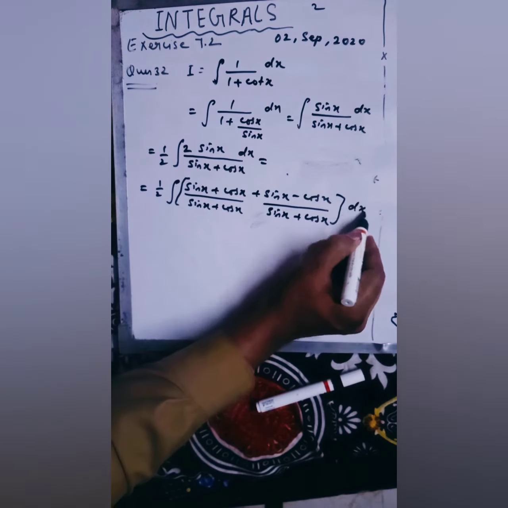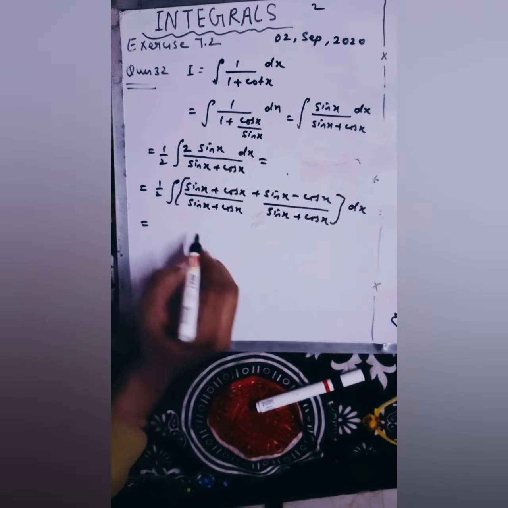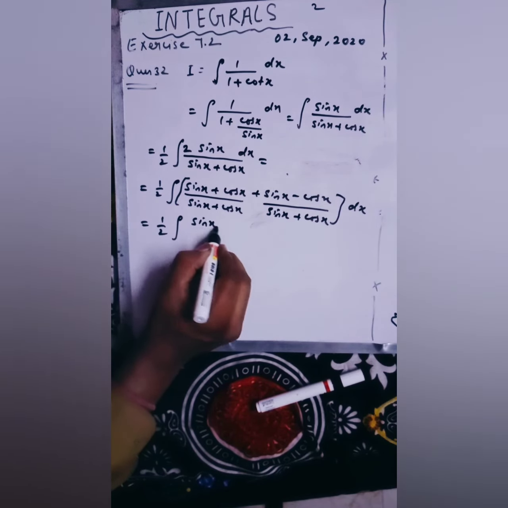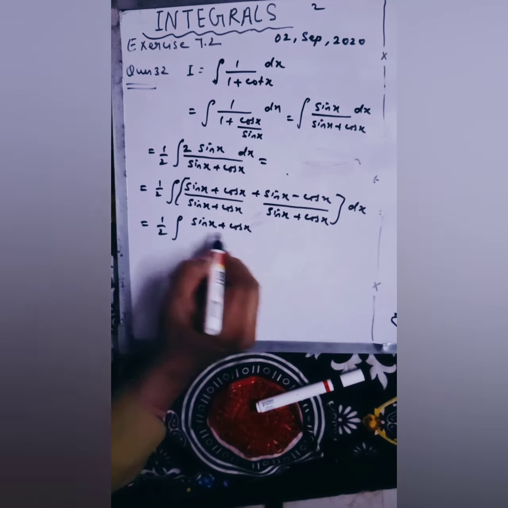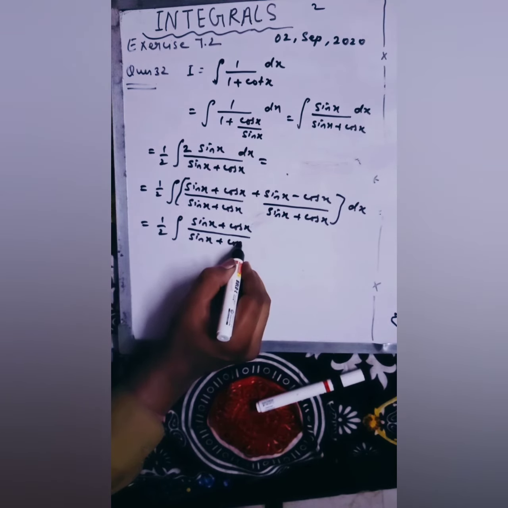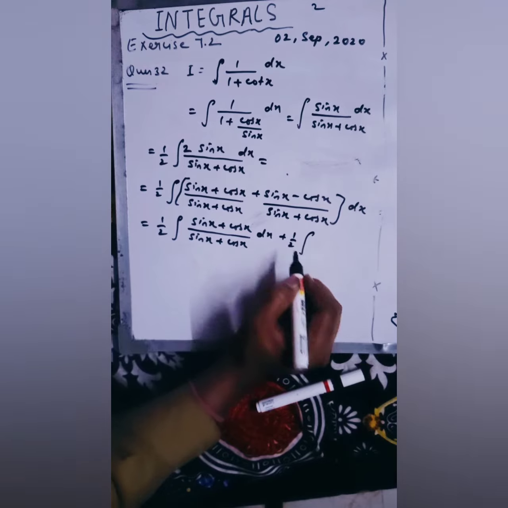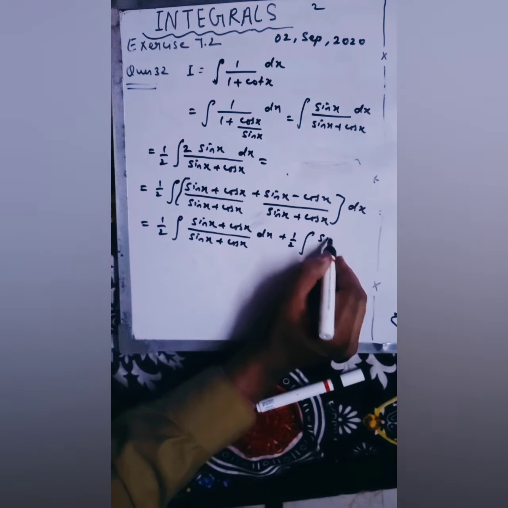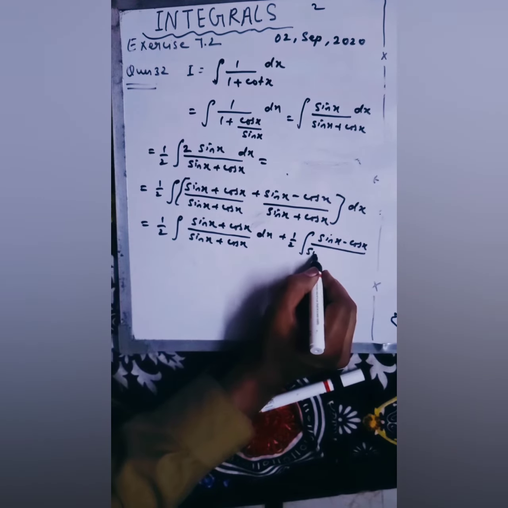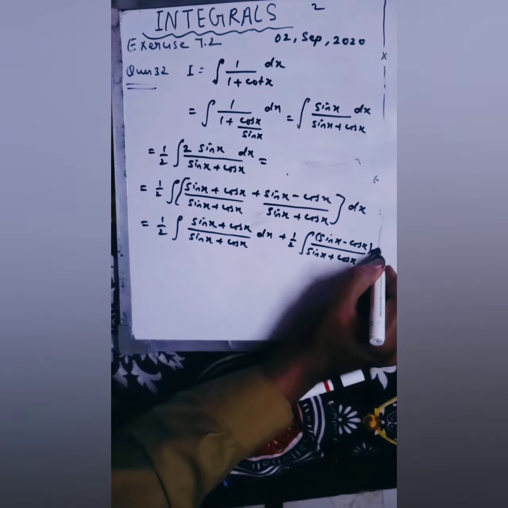This is into dx. So you have to insert this sign: half integration of sin x plus cos x over sin x plus cos x into dx, plus half integration of sin x minus cos x over sin x plus cos x into dx.